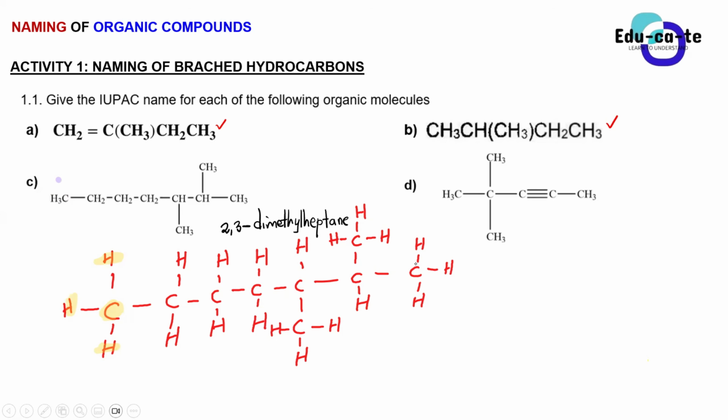That's now easier. Are you going to count from right to left or left to right? Let's say we've identified that our main chain, or parent chain, is this one, because it's the one having more carbons. How can you count? Are you going to count from left to right, or from right to left?